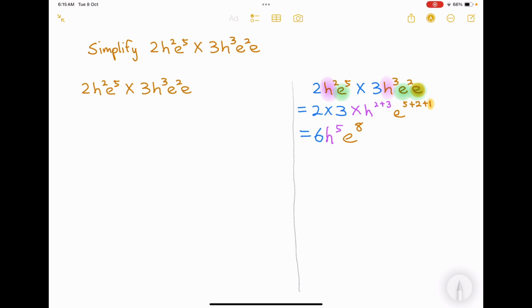Using the long method, it equals 2 times 3 times 1h, 2h, times 1e, 2e, 3e, 4e, 5e, times 1h, 2h, 3h, times 1e, 2e, and one final e at the end.